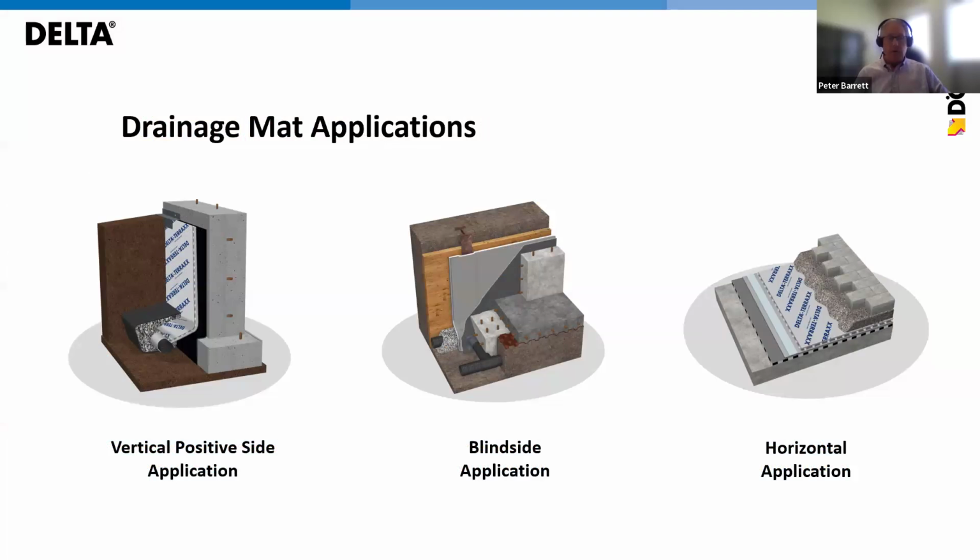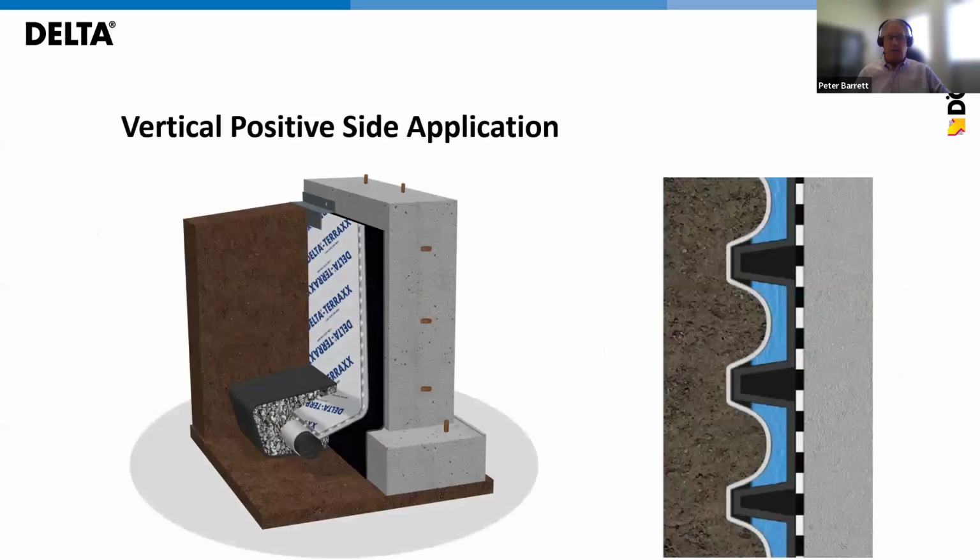Call it positive side because you can get and work on the exterior side. Then there's a blind side application, so called because you cannot get to the outside to apply your products. So in essence, we put everything on in reverse order to what we would do on the vertical positive side. As well, there's horizontal applications.